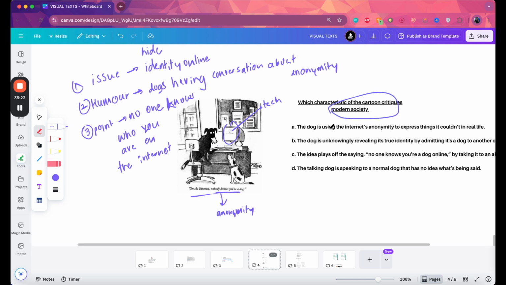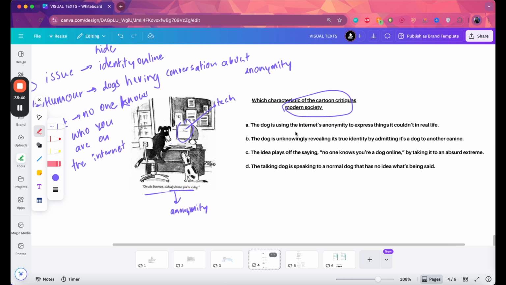So if I want to talk about modern society, maybe this is the whole technology, people on the internet, people hiding their identities on the internet, people trying to do things online and trying to, I guess, hide away from who they actually are. So for option A, it says the dog is using the internet's anonymity to express things it couldn't in real life.